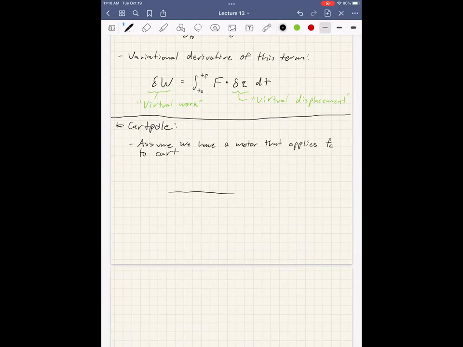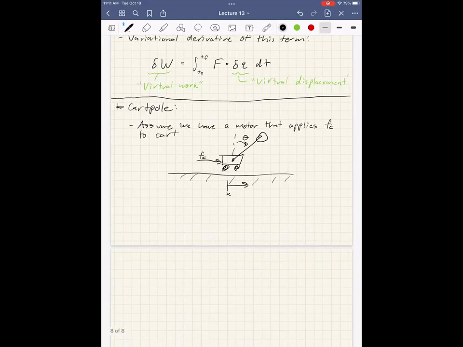So we've got this guy, we've got our cart. Cart has wheels, pendulum, coordinates. And now we have this force on the cart in addition to what we had before. So what's going to happen now, you can derive it the way we did, but maybe I'll skip through some of this and do it fast.